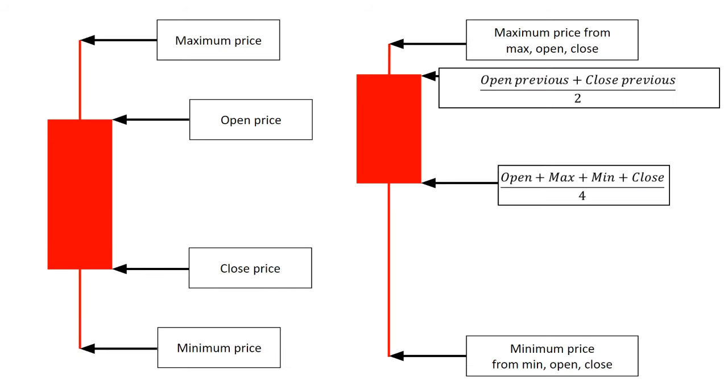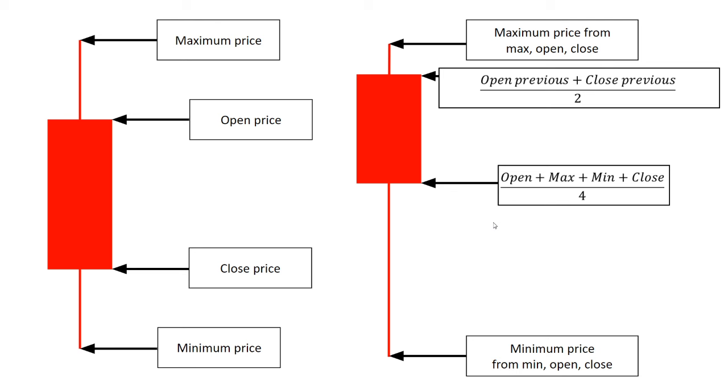The Heikin Ashi candles look similar to regular Japanese candlesticks, but they have a different formula for calculating each candle. You can see the formula right here. This is the regular Japanese candlestick that shows us the maximum price, the minimum price, the close price, and the open price, and here is the mathematical sequence the Heikin Ashi indicator uses to show each candle.